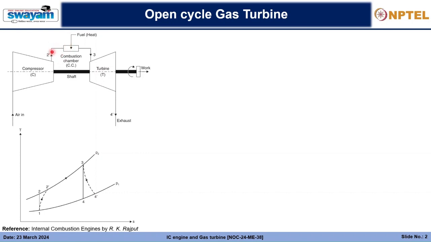If we can give some amount of heat energy before the combustion chamber, then the net amount of heat that we need to supply inside the combustion chamber to attain the fixed maximum temperature will be less.